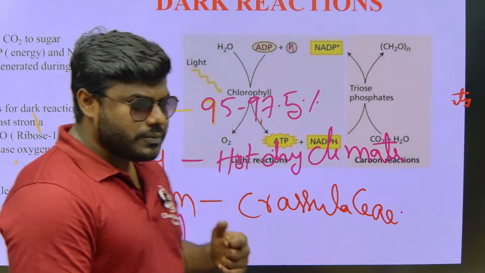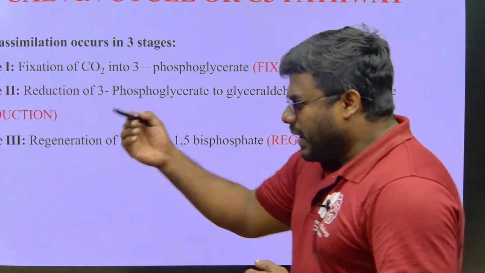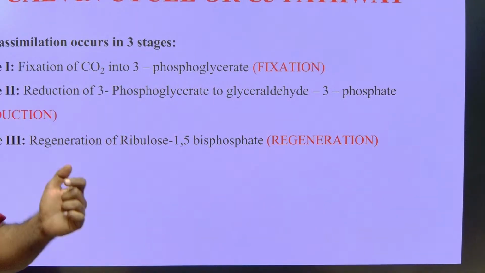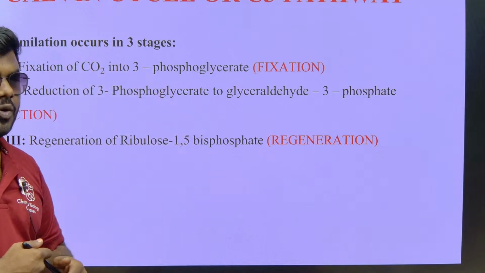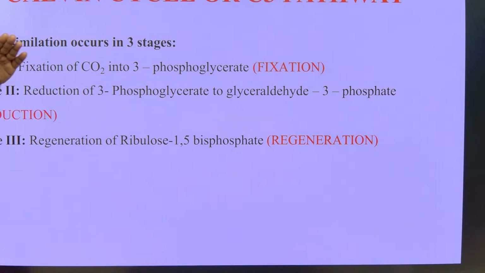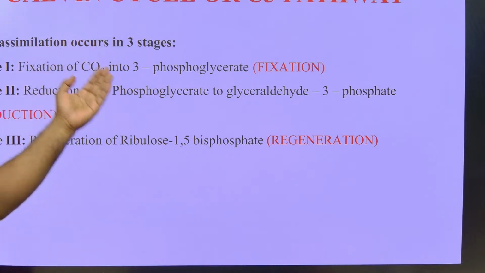Right. Now, let's try to understand very clearly. In all our previous exams, sometimes they raised questions separately on the C3 and C4 pathways. Nowadays, to make it more complicated, they always compare C3 and C4, or C4 with CAM, or all three together.